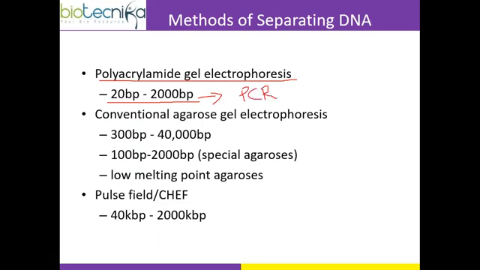And then conventional agarose gel electrophoresis can be used to separate 300 base pair to 40,000 base pair. There are some special agaroses, low melting agarose, high melting agarose, that can be used to check 100 base pair to 2000 base pair. And then another method is called pulse field, which is 40 kb to 2000 kb.